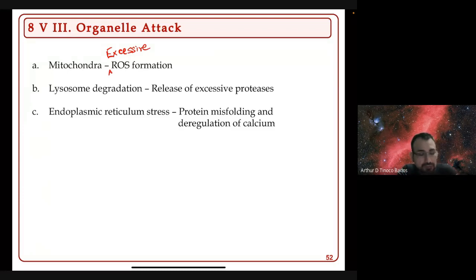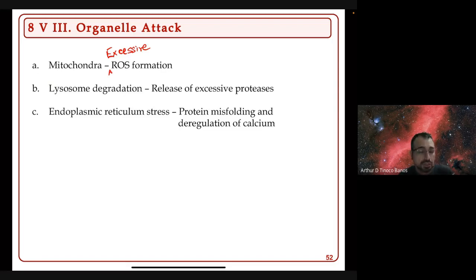You also have degradation of the lysosome. The lysosome is a compartment of the cellular environment that leads to protein proteolysis, a process of basically metabolizing proteins. But what's been observed is that the presence of platinum can lead to a release of excessive proteases. That's not a good thing.